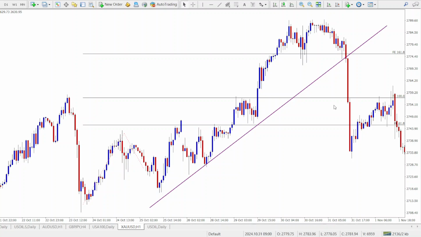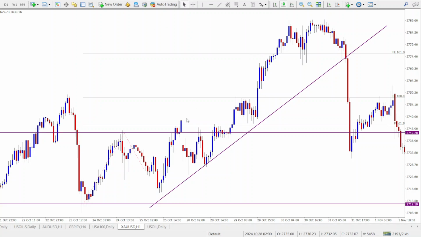As you can see, this was the initial low, and then this was the first high. So if you want to draw the Fibonacci expansion, you have to draw it from the low to the high. That was how I did this expansion.